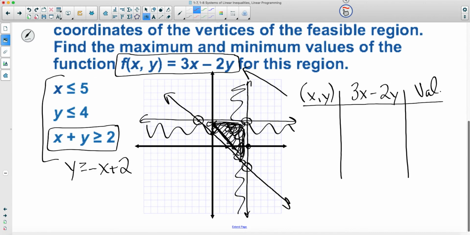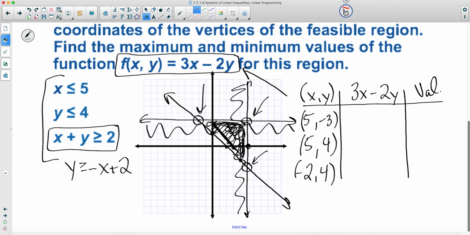Okay, so let's write down our coordinates of the vertices. That one is 5, -3. This one, 5, 4. And then that one, -2, 4.